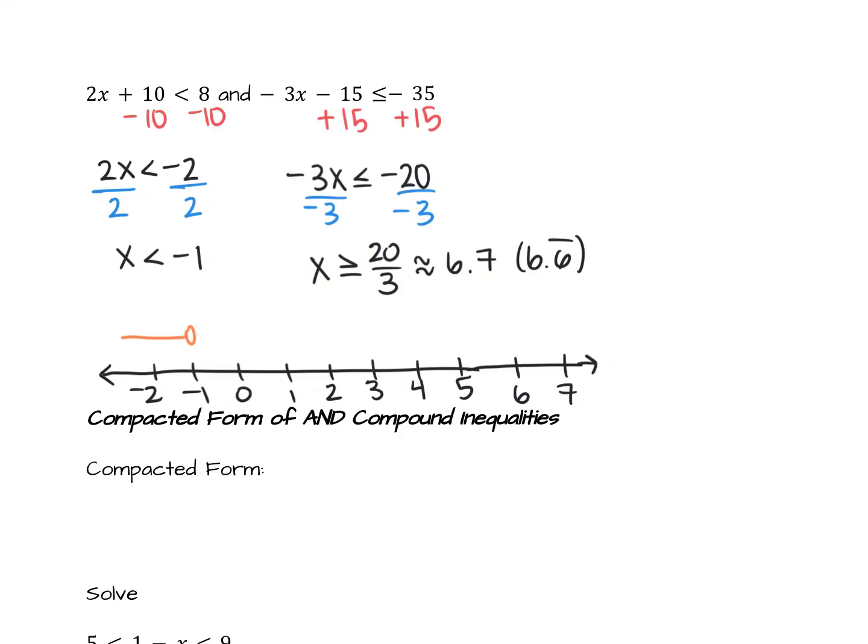Open circle at negative 1, everything to the left. Everything greater than or equal to 20 over 3, so about 6.7, so somewhere around here. Everything greater than or equal to that is to the right. So again, looking at my number line, there is no overlap. So again, this is an example of no solution.